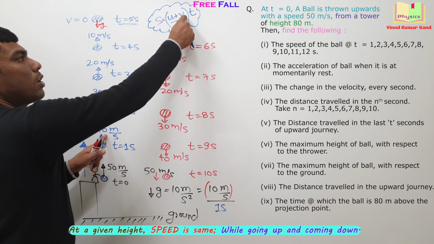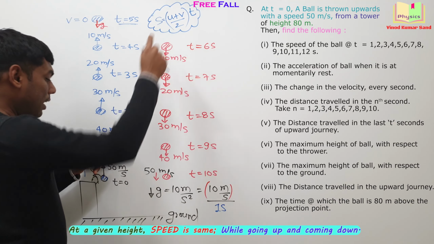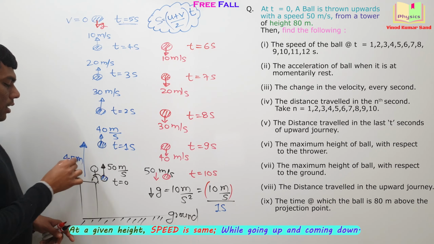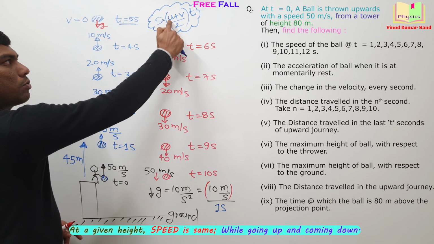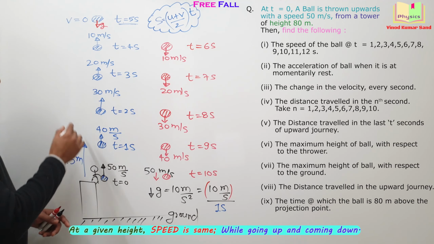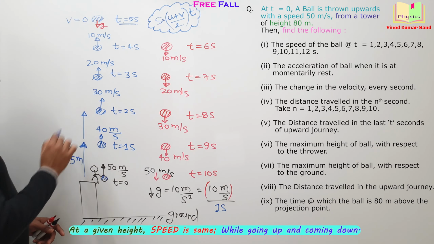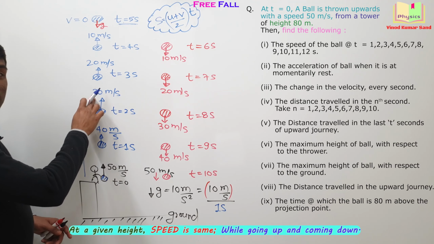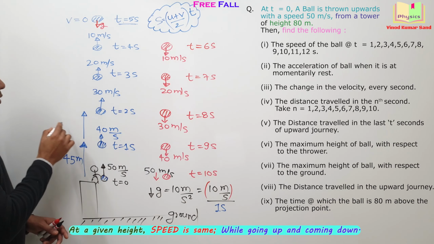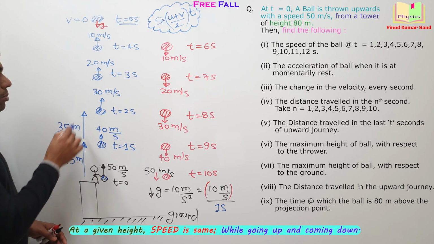So 50 plus 40 means 90, and then divide by 2, it will give you 45 meter. I hope you understand the calculation. 50 plus 40 by 2 into time interval is 1 second. Quickly answer this distance. 40 plus 30 means 70 divided by 2 into 1. So this distance is 35 meter.